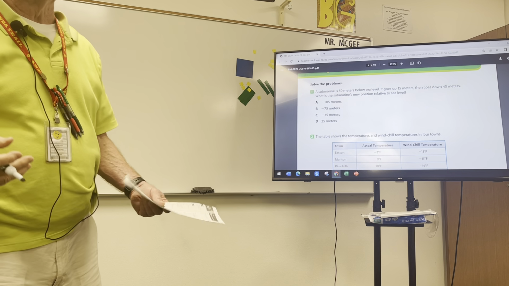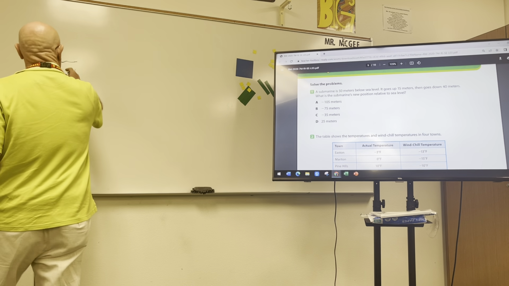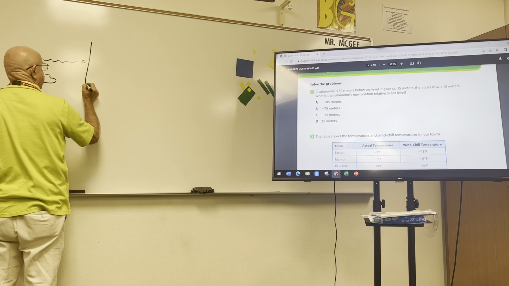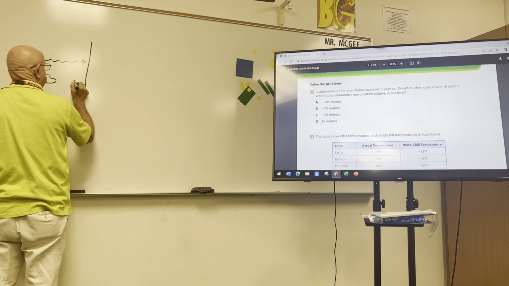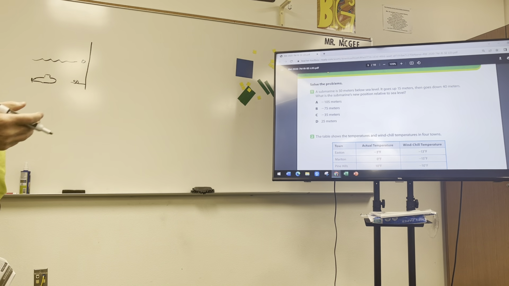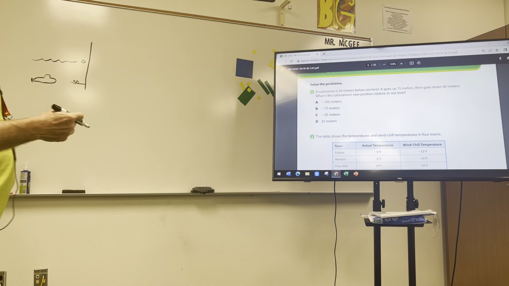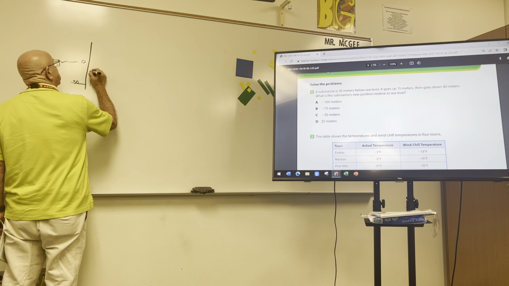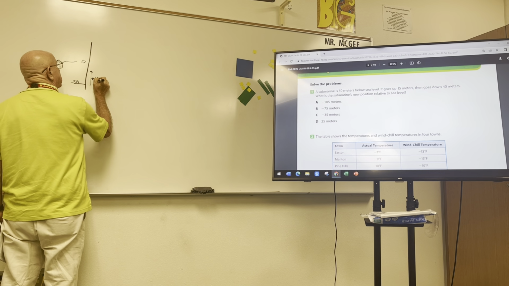Now, below sea level means that compared to the water, the water is going to be at 0 level. Our submarine is going to be right down here at negative 50. Then it says the submarine goes up 15 meters. So the submarine is going to go in this direction, plus 15.